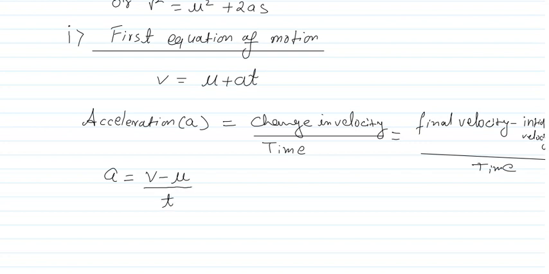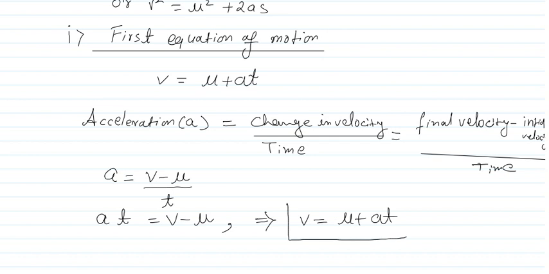Now we can write as at equal to v minus u. Now this we can write as v is equal to u plus at. We just moved t from right hand side to left hand side, then we just move the initial velocity, that is u, from right hand side to left hand side.